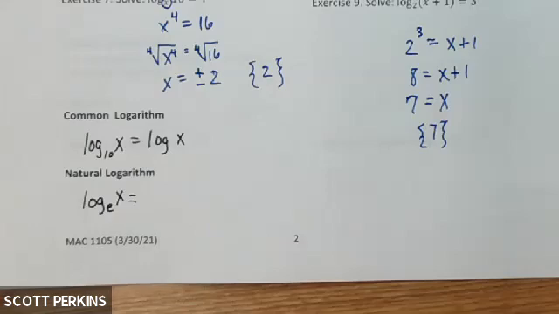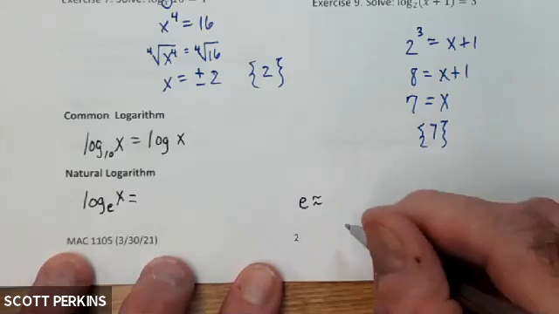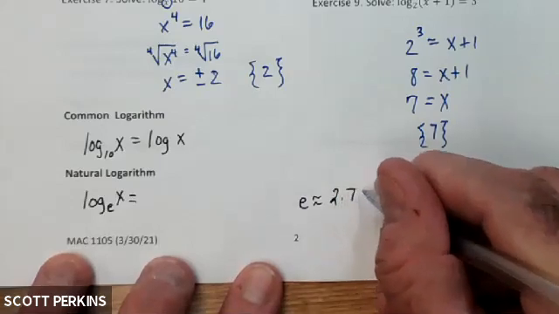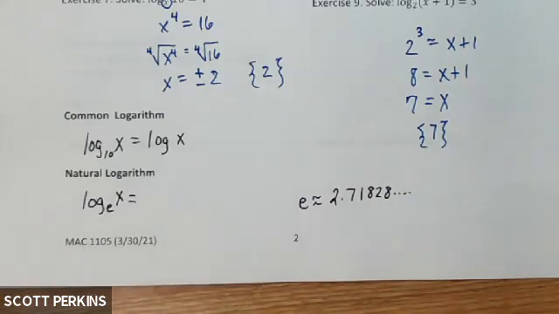E is called the natural logarithm because it happens a lot in natural contexts, in nature. The way things grow or decay in nature is usually with base e. E, if you look in your calculator, is approximately equal to 2.71828, and then it never ends, and so it keeps going.